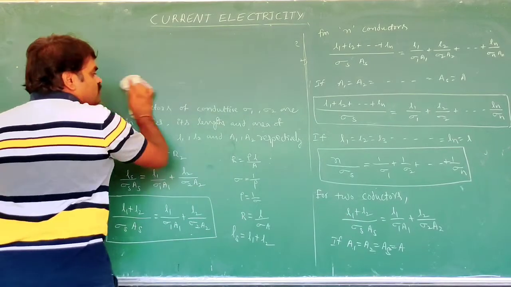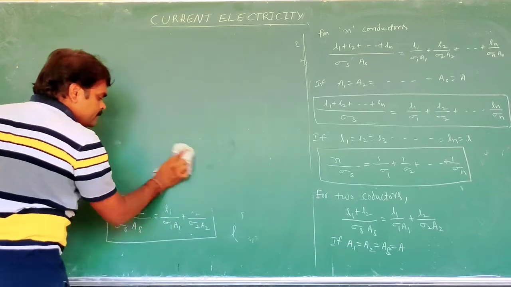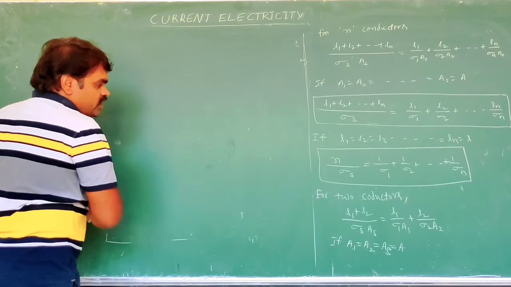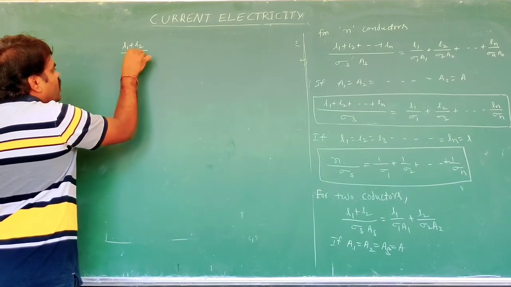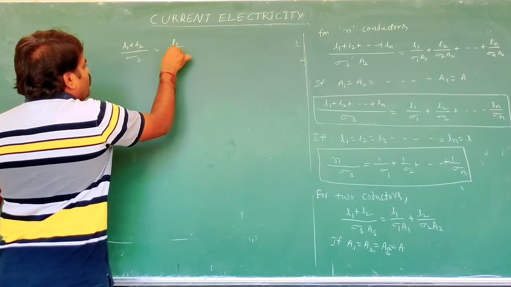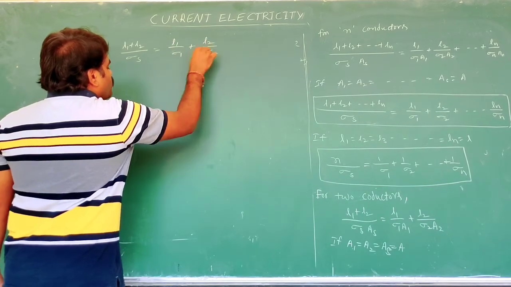We got the formula L1 plus L2 by sigma S is equal to L1 by sigma 1 plus L2 by sigma 2.